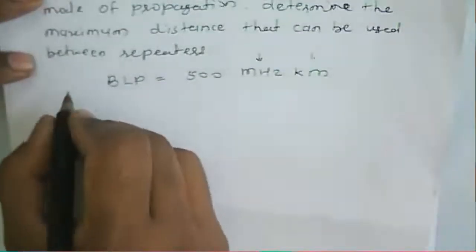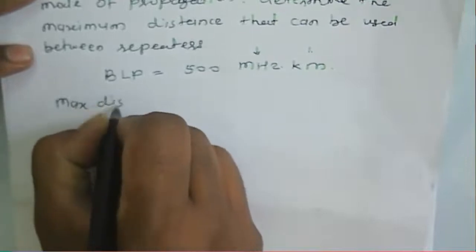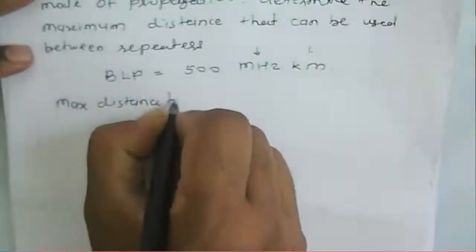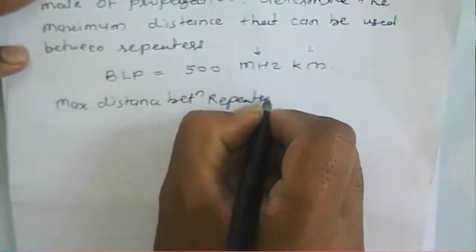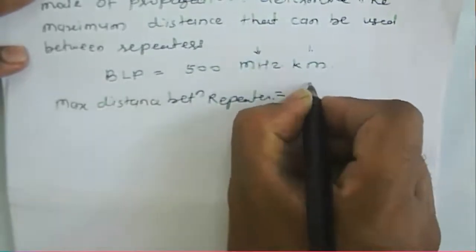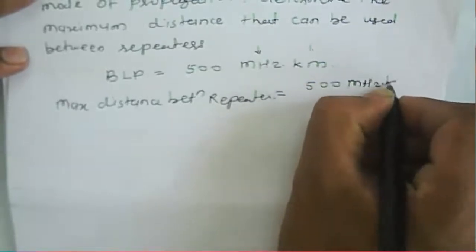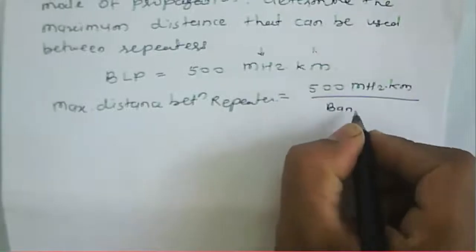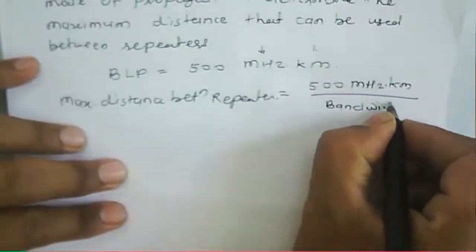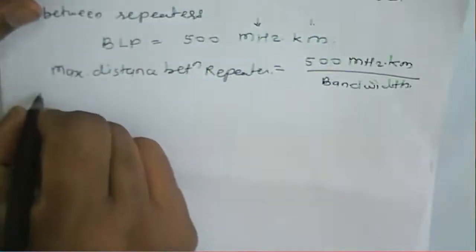So the maximum distance between the repeaters is equal to 500 megahertz into kilometer divided by the bandwidth.